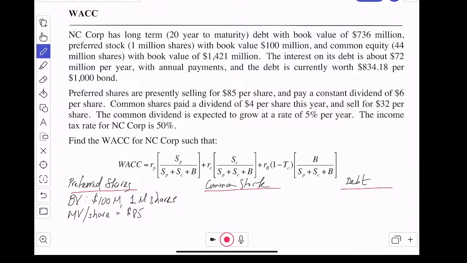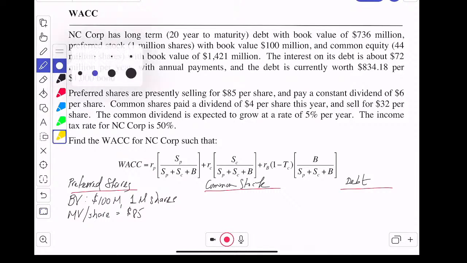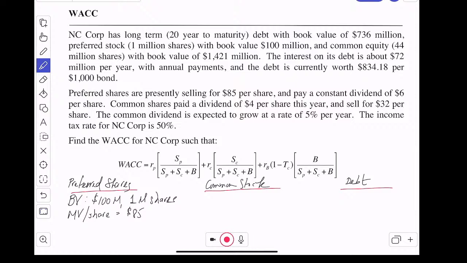Now you're told the dividend per share. Let me highlight this information so you can follow along. On preferred shares, we have this information.